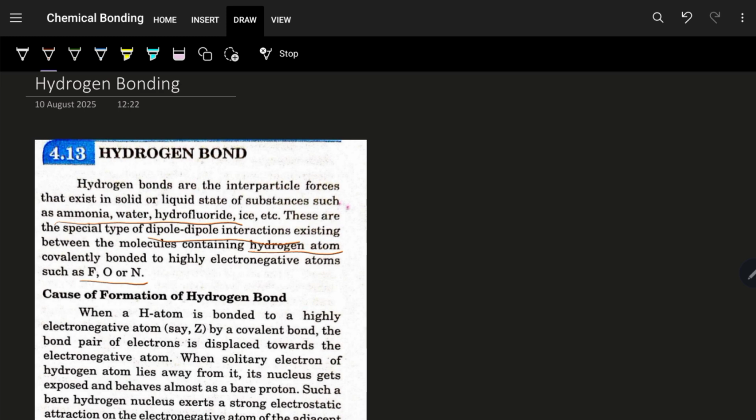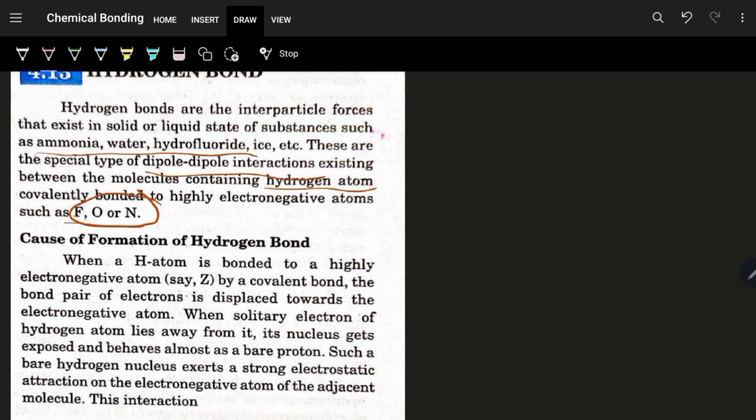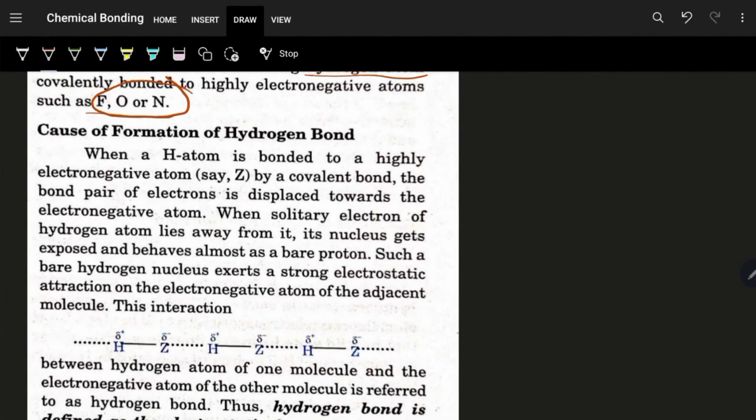The hydrogen atom in a compound is covalently bonded, and the interaction exists with the other atom, oxygen, fluorine or nitrogen, on account of its small size and high electronegativity. That is what is seen over here. Z is taken in common, which can represent any of oxygen, nitrogen or fluorine. So here we can see HZ is one molecule.